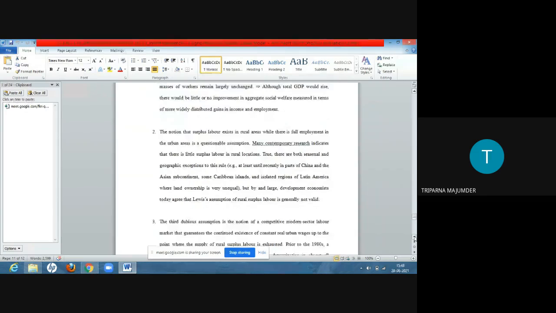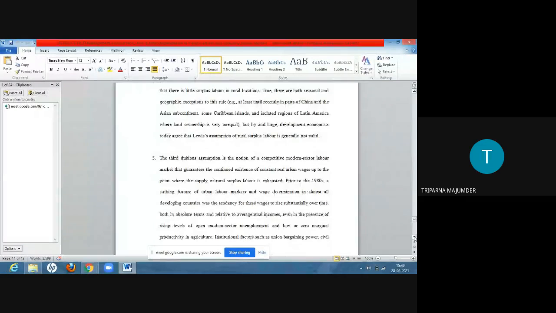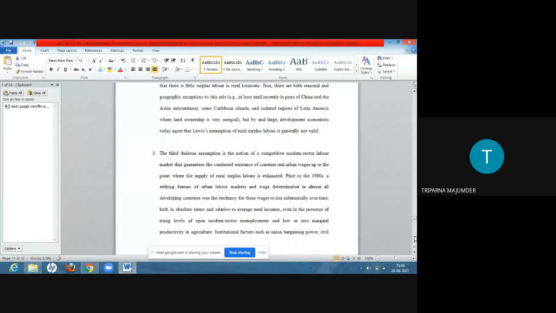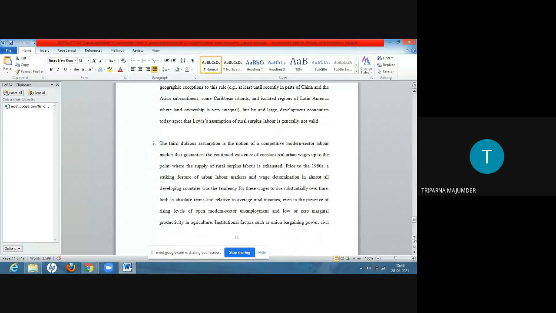The third assumption is the notion of a competitive modern sector labor market that guarantees the continued existence of constant real urban wages up to the point where the supply of rural surplus labor is exhausted.